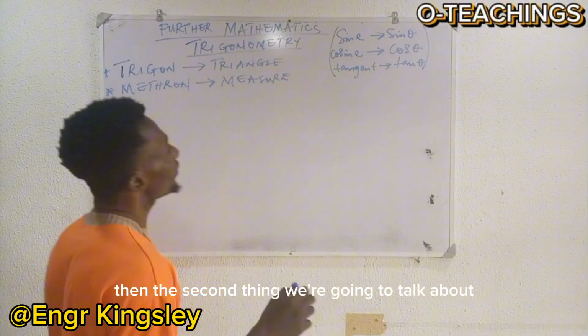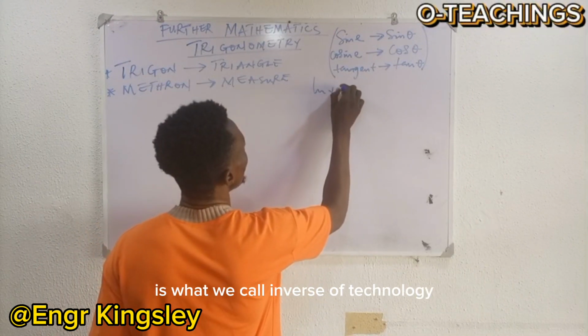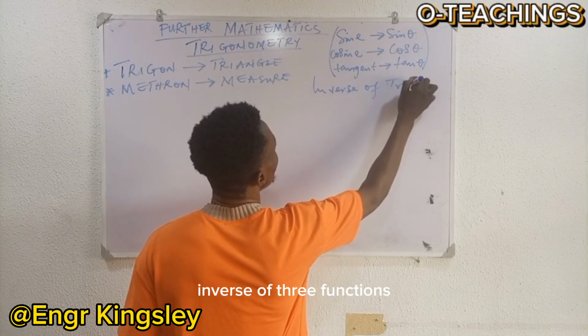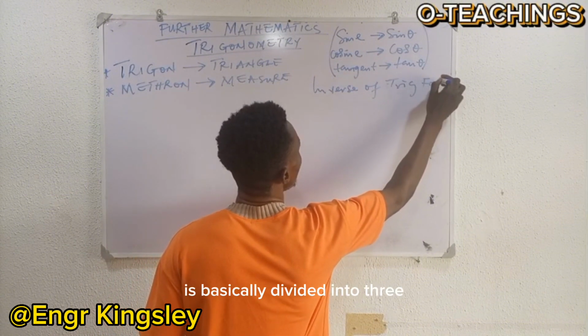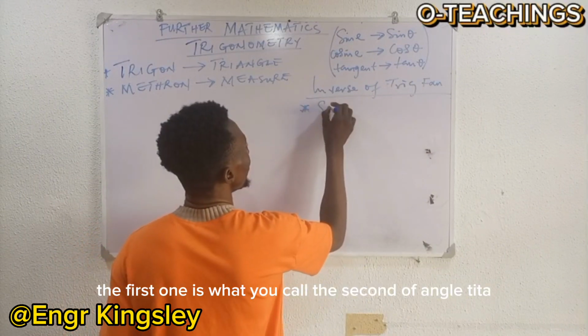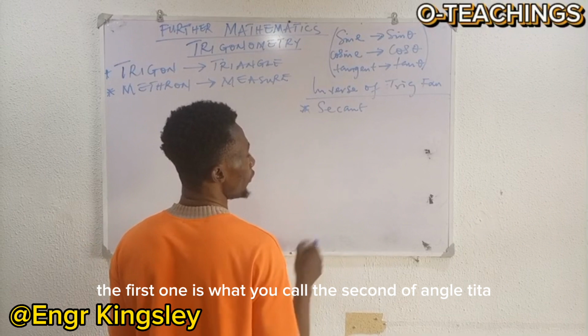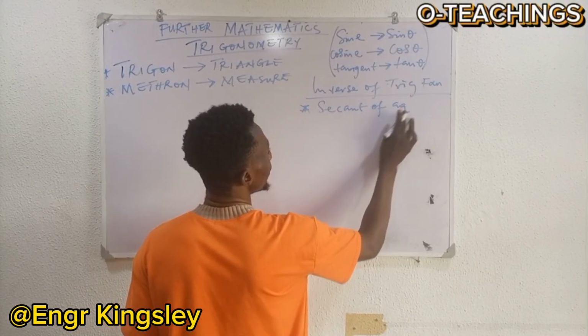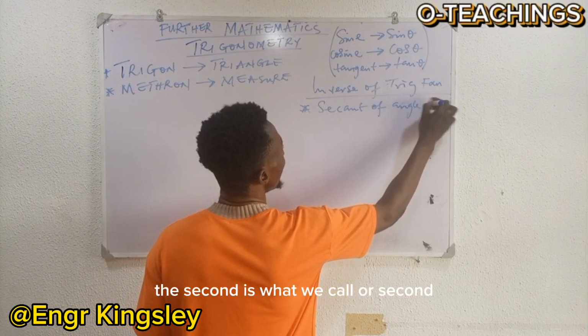Then, the second thing we are going to talk about is the inverse of the trigonometric functions. The inverse functions are basically divided into three. The first one is the secant of angle theta.